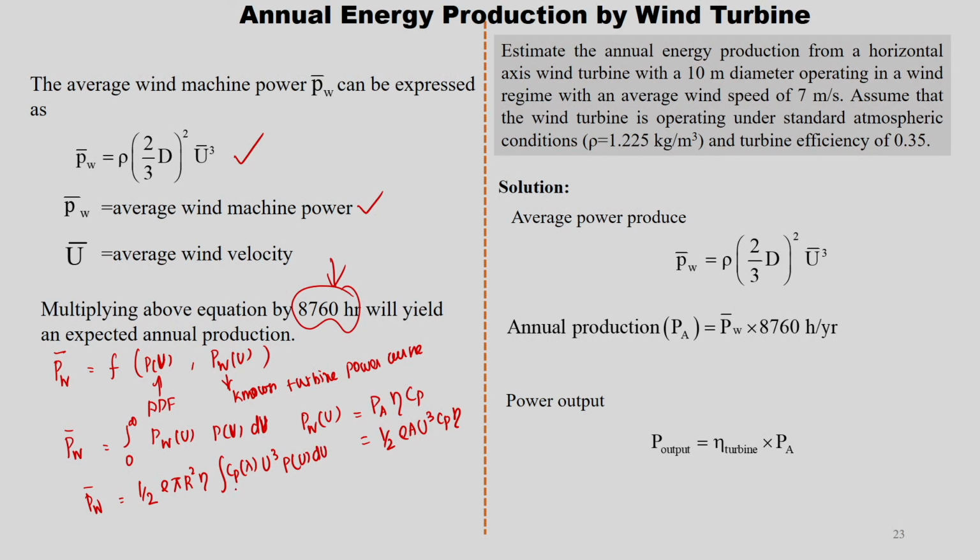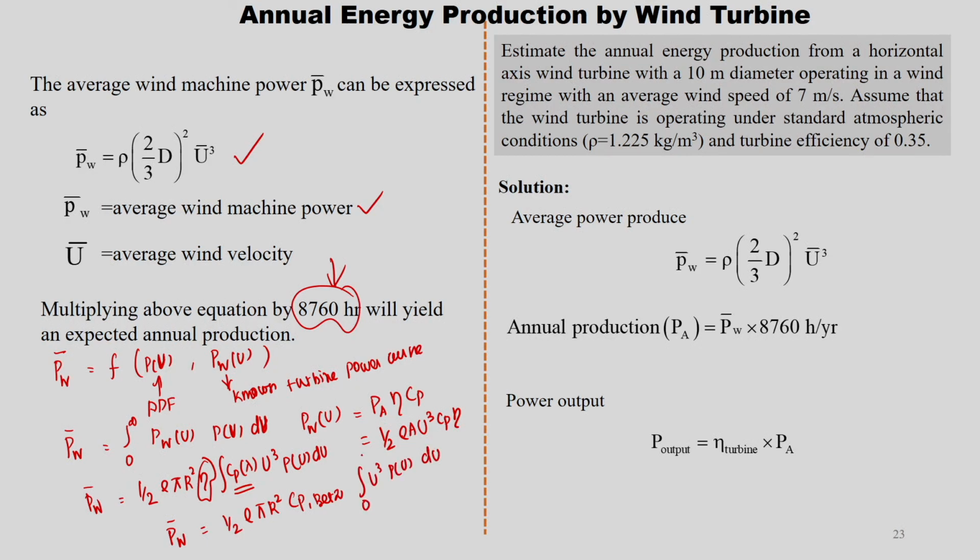If you want to calculate the maximum, you can substitute C p as the Betz limit. Then P w bar is half rho pi r square, and if you take eta as 1 for ideal, because we are considering the C p Betz limit, what you would get is u cube P of u du.